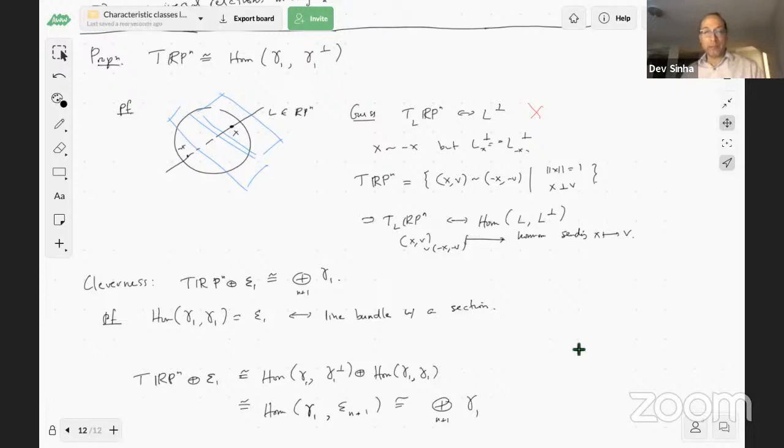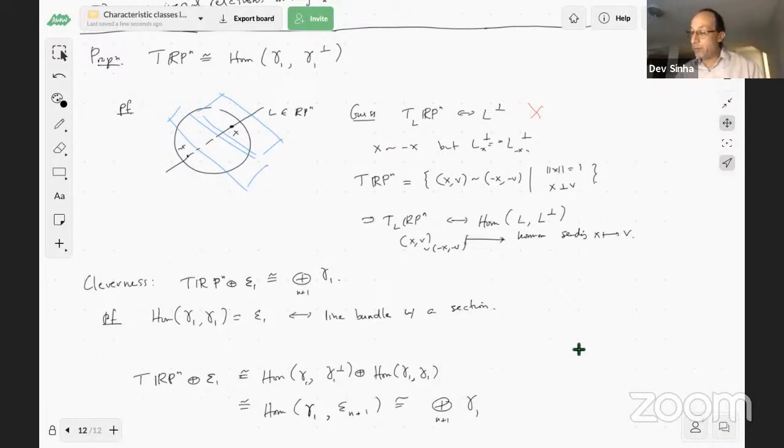That's essentially what an inner product is. It's a choice of isomorphism of V and V star. That's true for bundles as well. And this is over RPN, so we have the existence of a metric. Great.